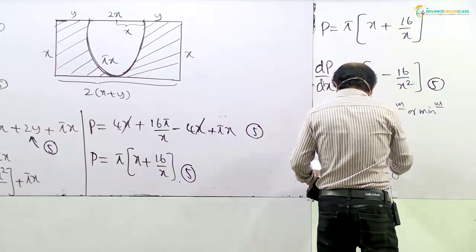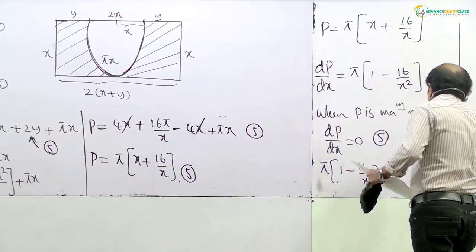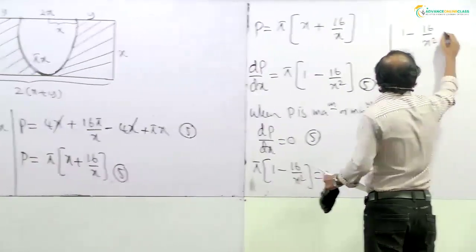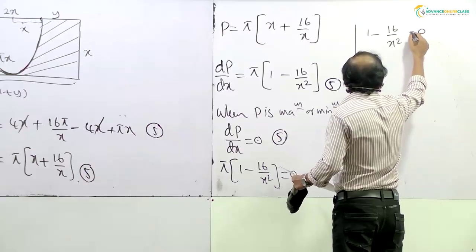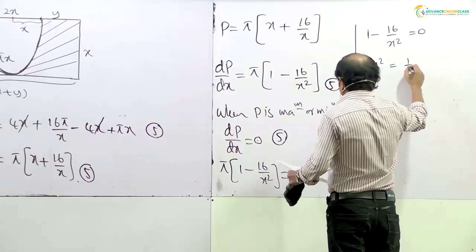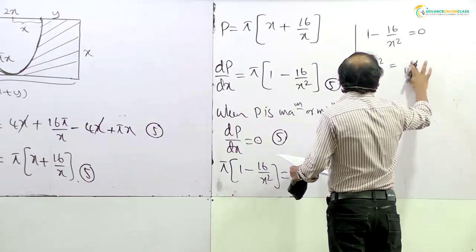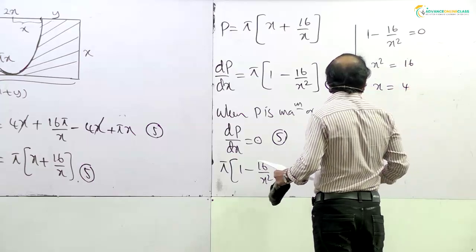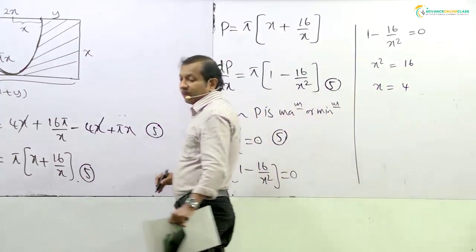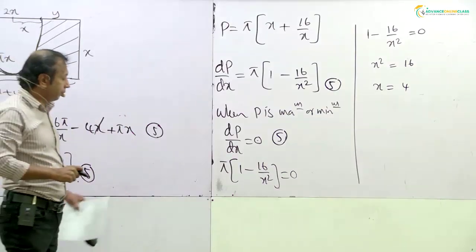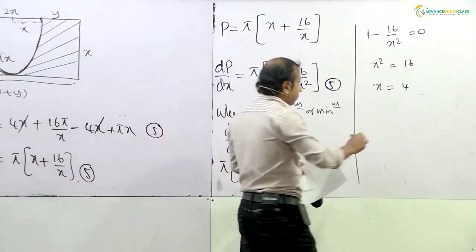For this, 5 marks. Right. Now here, 1 minus 16 over x squared equals 0. So this means x squared equals 16, x equals plus 4. We don't put the minus sign. Reason? x is length, it can't be negative. So this is another 5 marks.